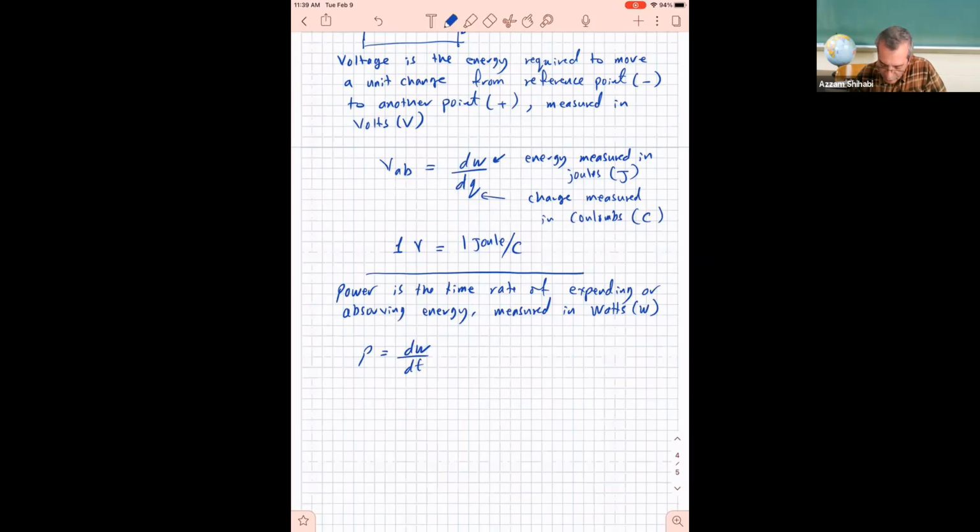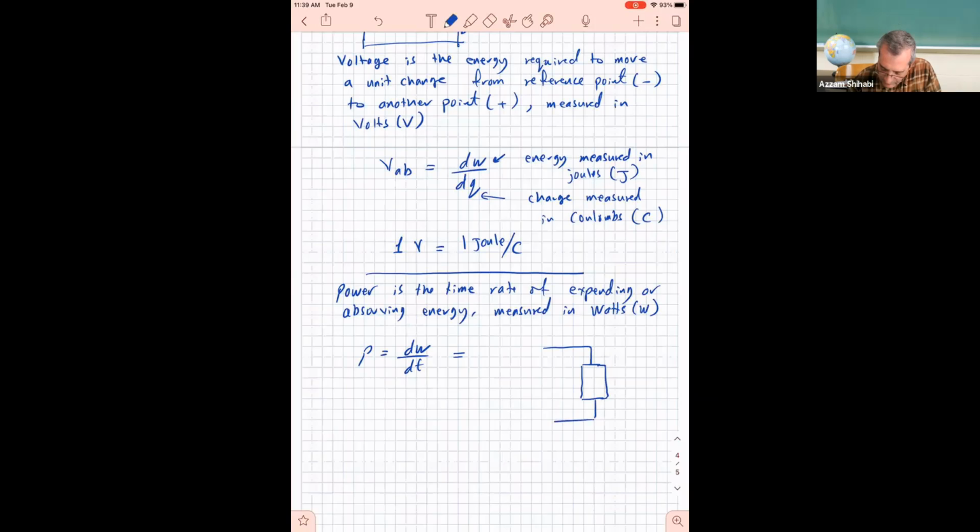Now I can use this definition to find a relation between power absorbed or supplied by the element and the voltage across the element and the current going through the element. So here we have a circuit element. I'm going to use this box here to represent a general circuit element.